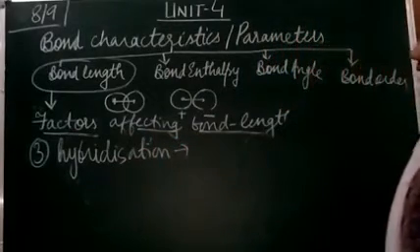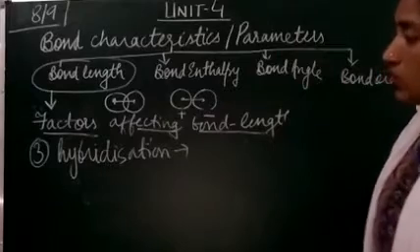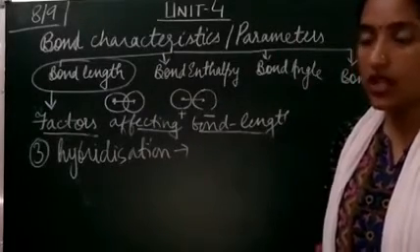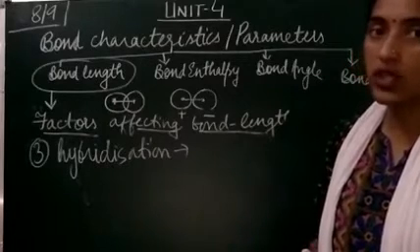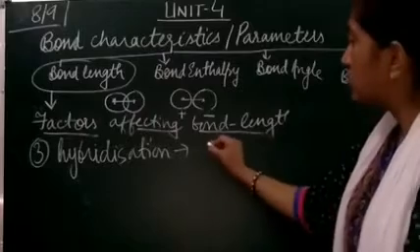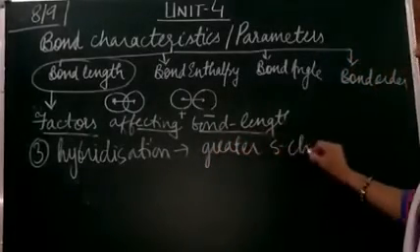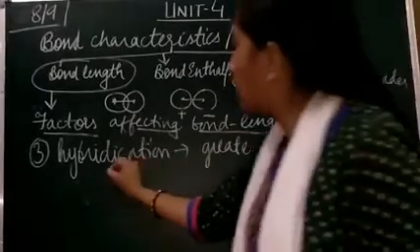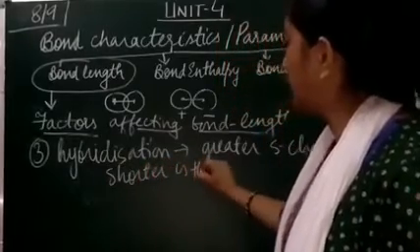Now, if the S character involved in the hybridization is more, at that time the bond length is going to be shorter. So greater is the S character, shorter is the bond length.